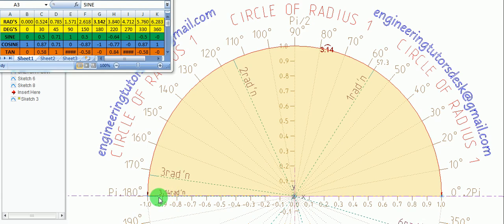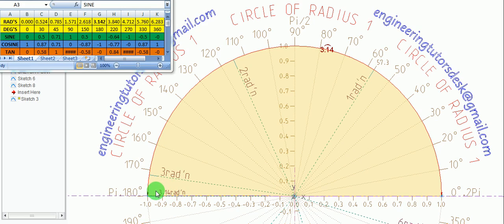3.14 is the value when we divide 180 degrees by 57.3 degrees. This value has a number of decimal places, hence it has been truncated to 3.14.